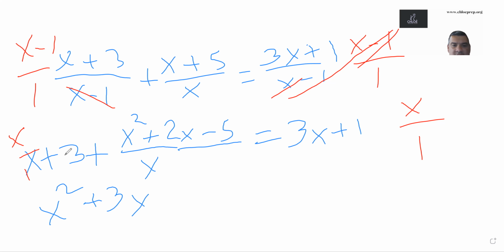Now here, this is why we wanted it: x over 1 times x, those are going to cancel out and just drop this whole expression down. So we just have to rewrite it, plus x squared plus 2x minus 5.